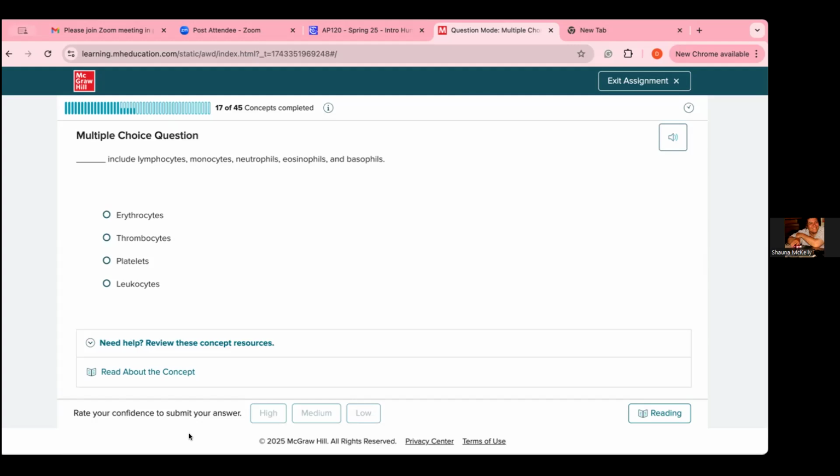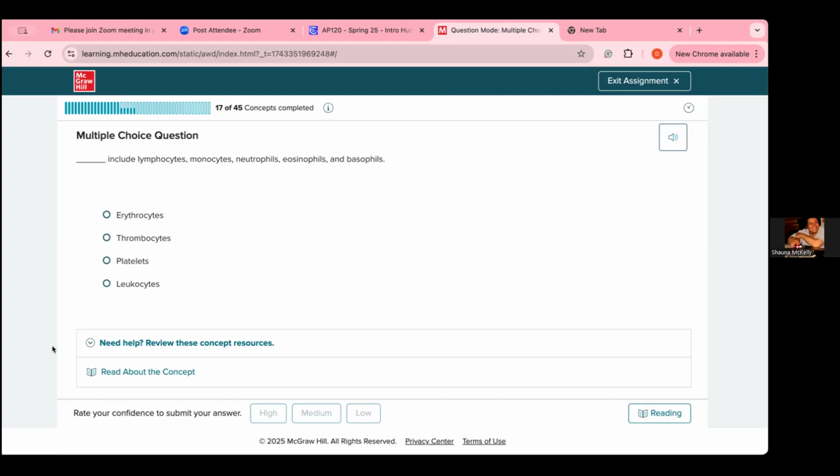Erythrocytes. B, thrombocytes. C, platelets. D, leukocytes.